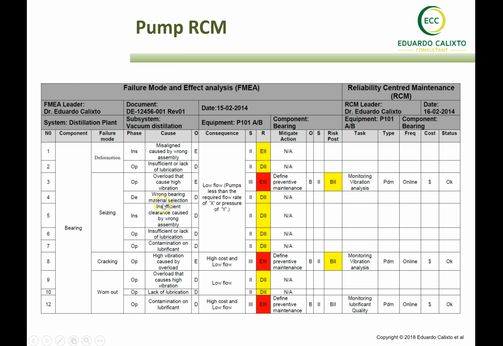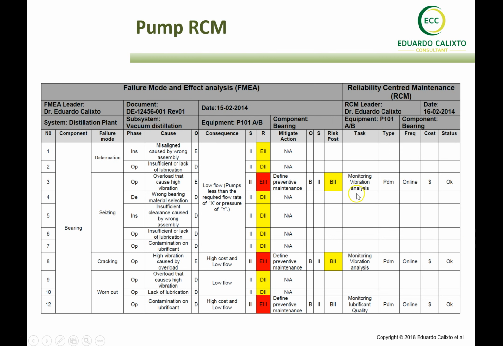So here again, when we have all failure modes, we can also check if it is necessary, even though we do not have a non-tolerable risk level, to apply some preventive maintenance task. It's not prohibited that in this case we put in here some routine to check the lubricant quality. The main point is we need to be aware that after the RCM, similar to the FMEA, the managers will review and approve all the maintenance tasks, and that will be limited by budgets.